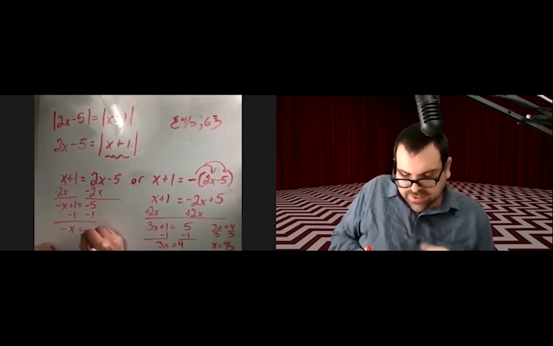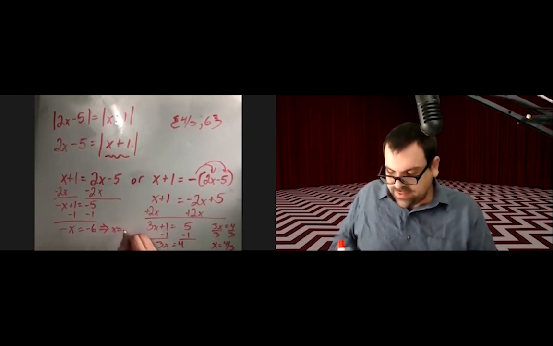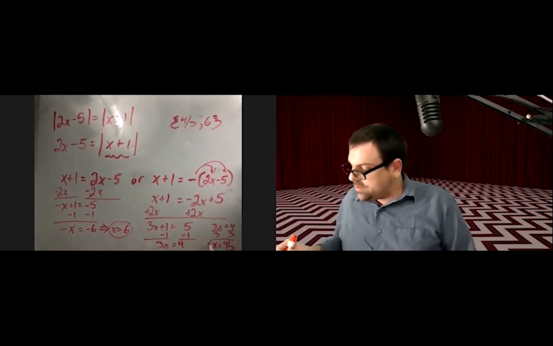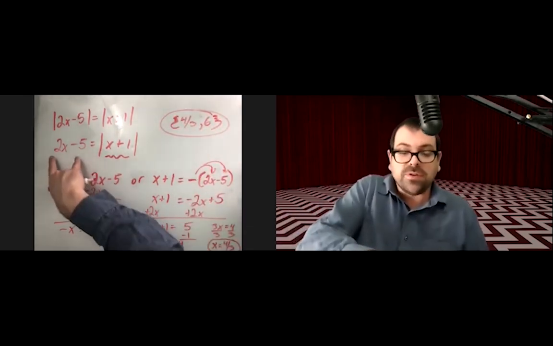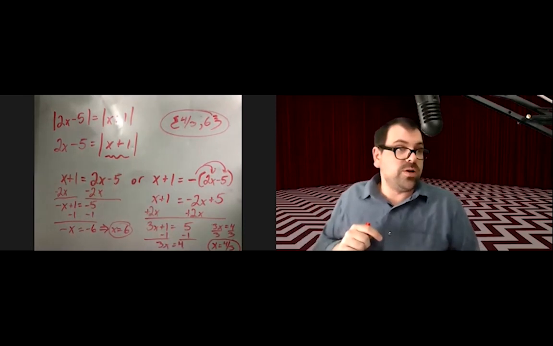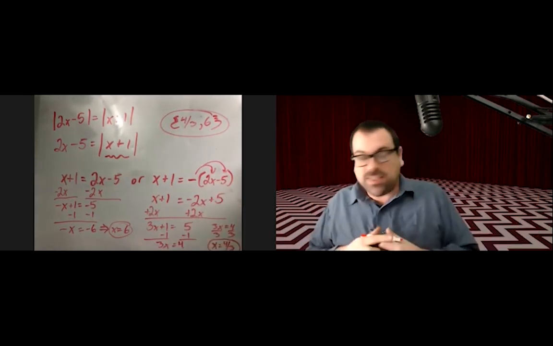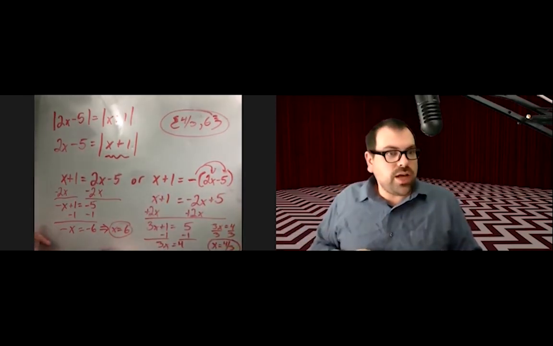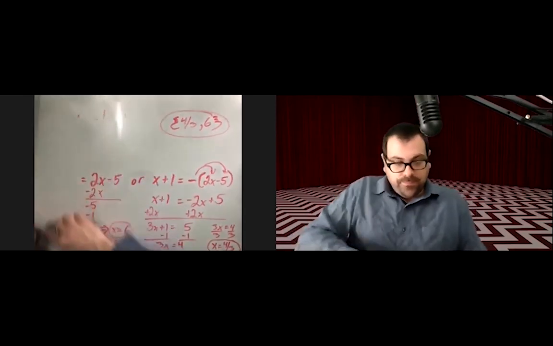The opposite of x is negative 6, which means x is positive 6. 6 and 4/3. Same answer we got when we had the absolute value here and the x plus 1 without. So all of that showing you the problem basically twice, just to convince you it doesn't matter which absolute value you drop, but you have to drop one of them.